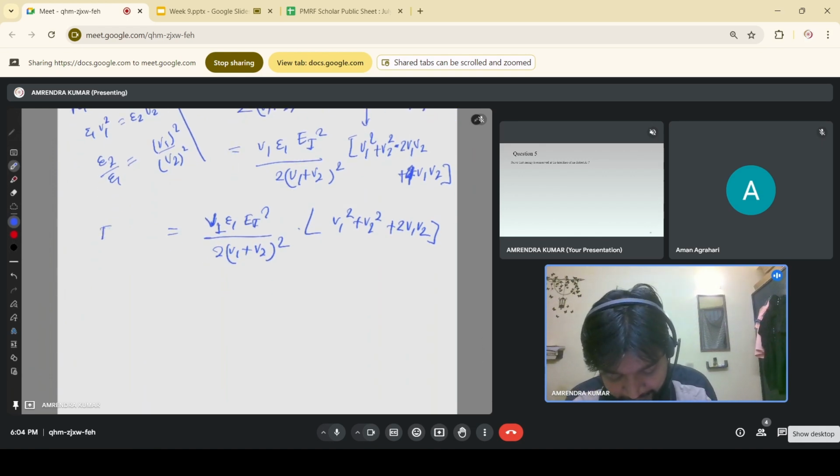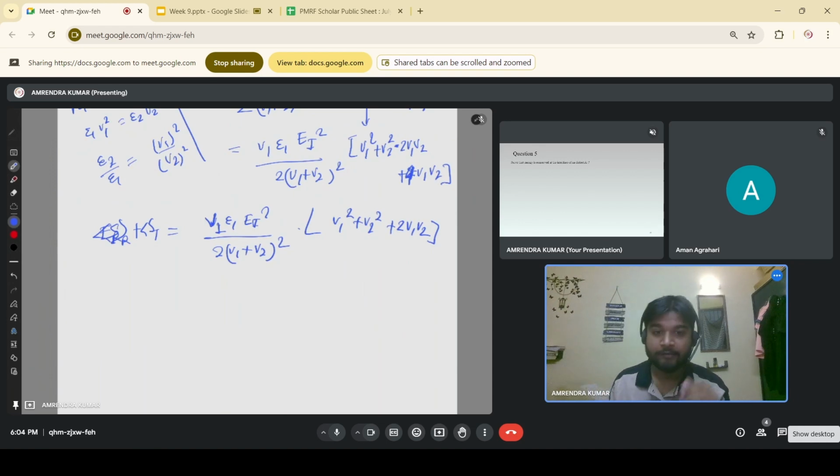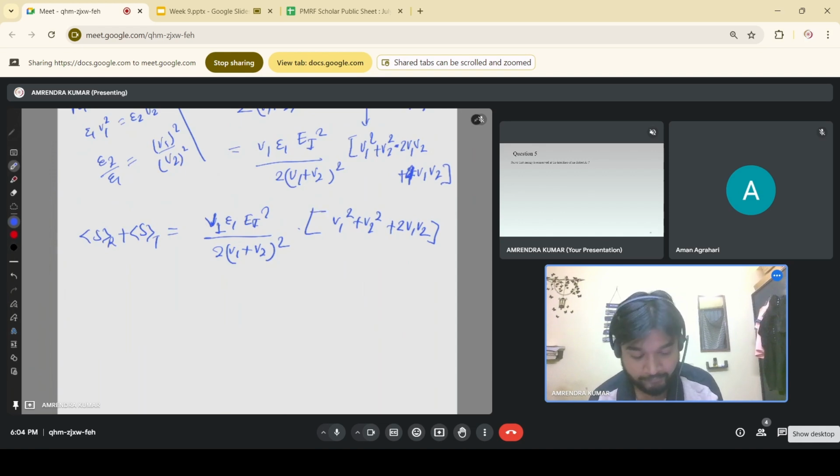So you have S_R plus S_T, and you can simplify this as S_R plus S_T equals V1 epsilon 1 E_I square over 2, and now you have this, so it will be cancelled out.